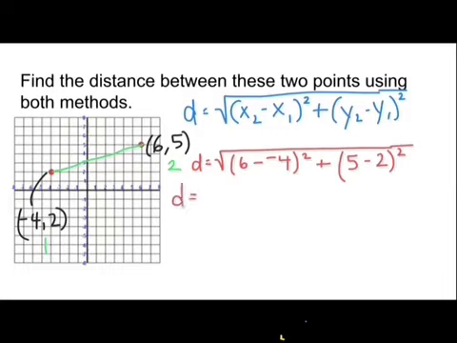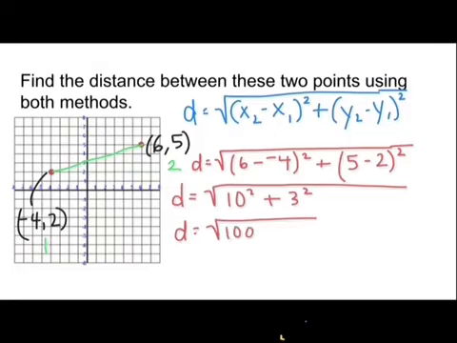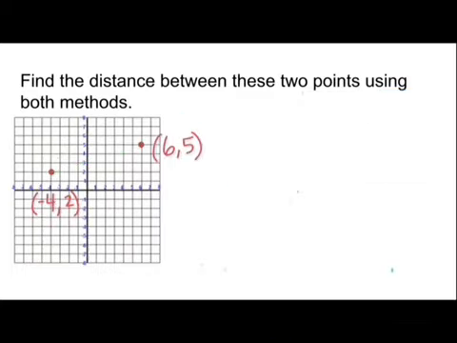We get d equals the square root of 6 minus -4, that's 10 squared, plus 5 minus 2, which is 3 squared. D equals the square root of 100 plus 9, which equals the square root of 109. You could keep it as the square root of 109, or you could say that d is about 10.44.